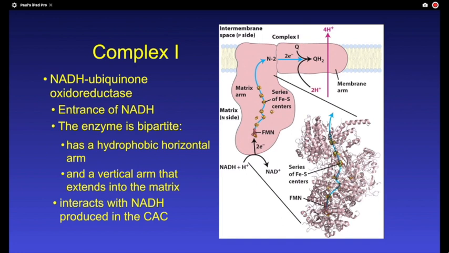Why would you predict that the membrane portion is harder to get information from a crystal structure than the soluble part? Is the membrane hydrophobic? The membrane is hydrophobic. Remember what a crystal structure is, okay? What you have to do is create conditions in which the protein will form a lattice just like ions form a lattice.